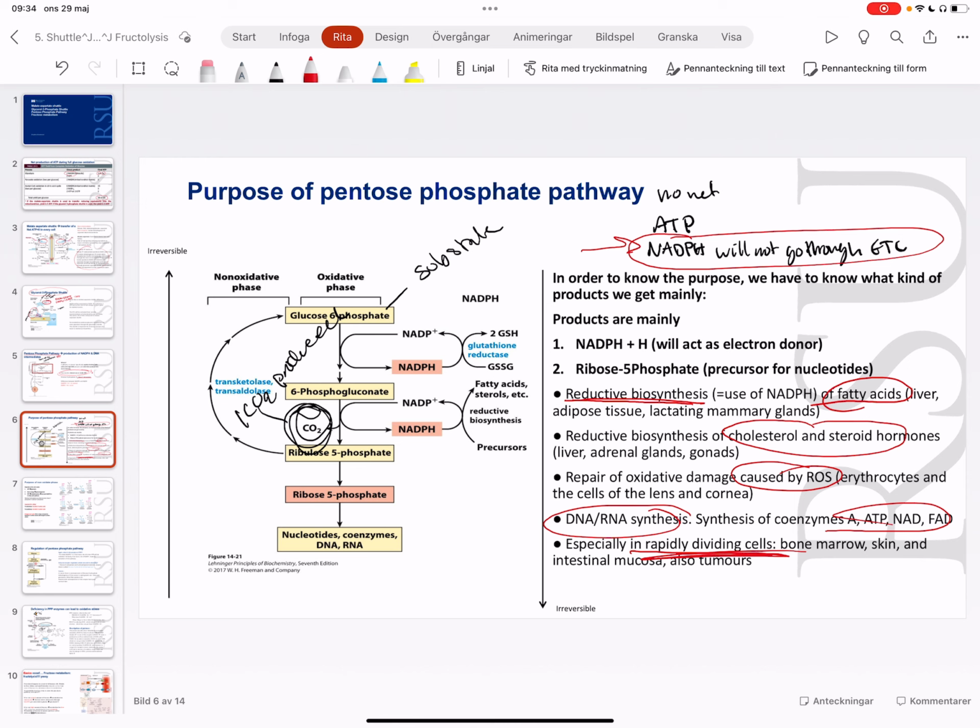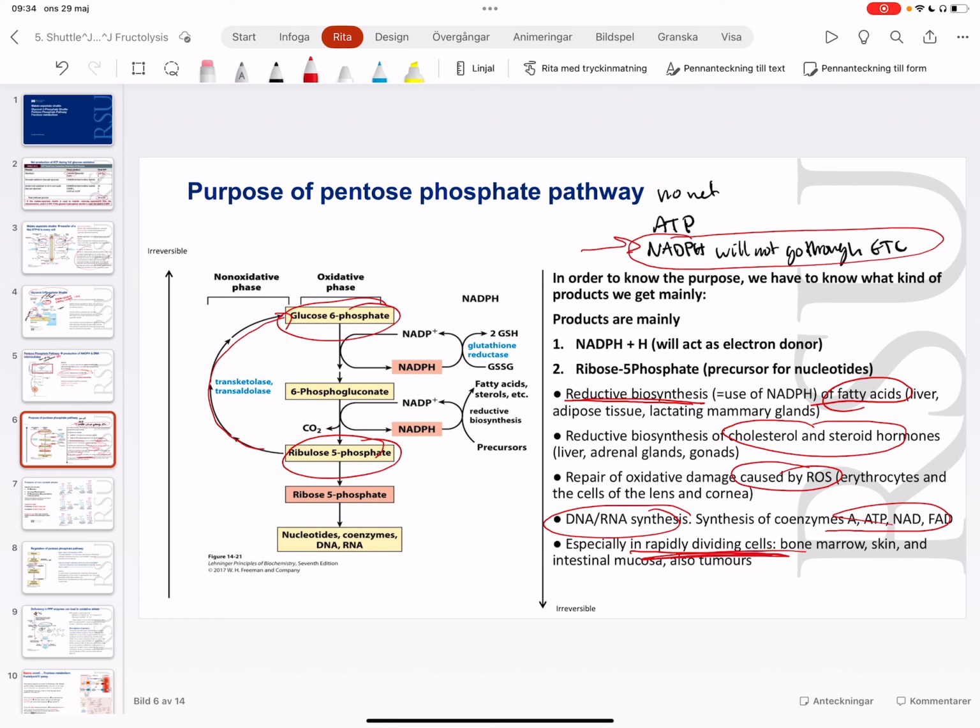We will start with glucose 6-phosphate, and then we will go to 6-phosphogluconate. And then when we go from 6-phosphogluconate to ribulose 5-phosphate, we will produce carbon dioxide. The pentose phosphate pathway can actually go from glucose 6-phosphate to ribulose 5-phosphate, and then it can actually go back to glucose 6-phosphate.